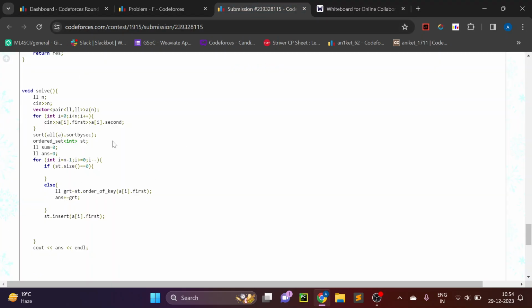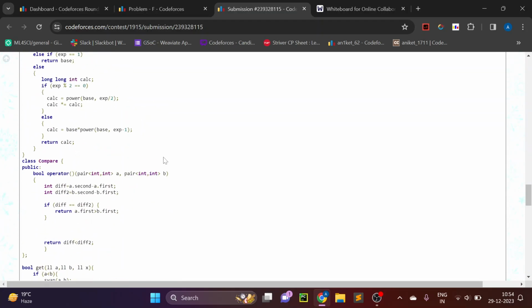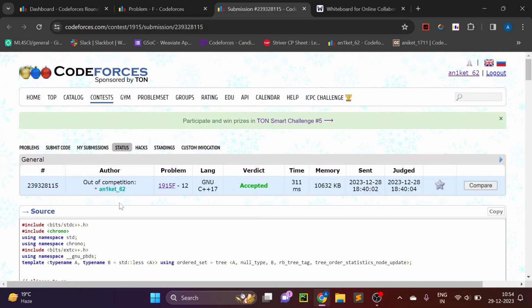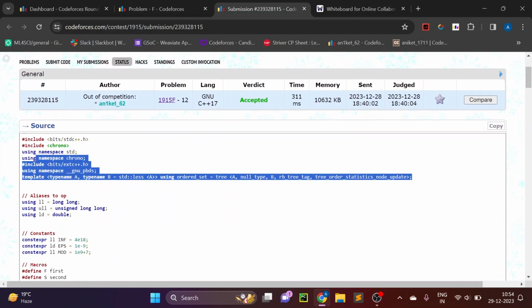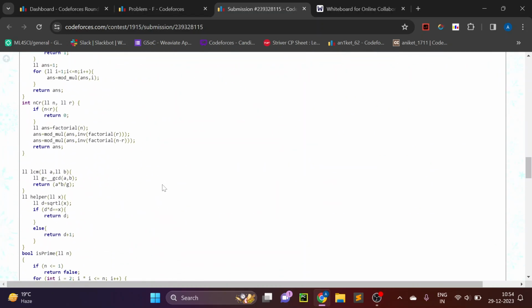So I used the ordered set, and I had to add these lines of policy based data structure.